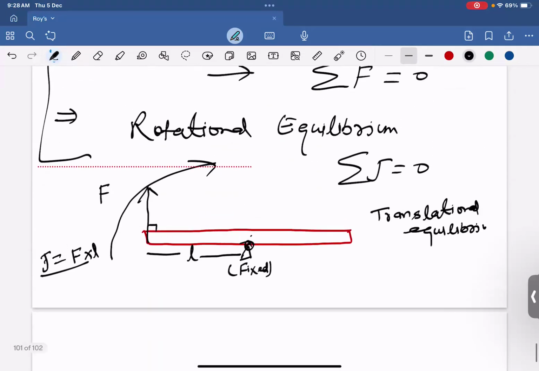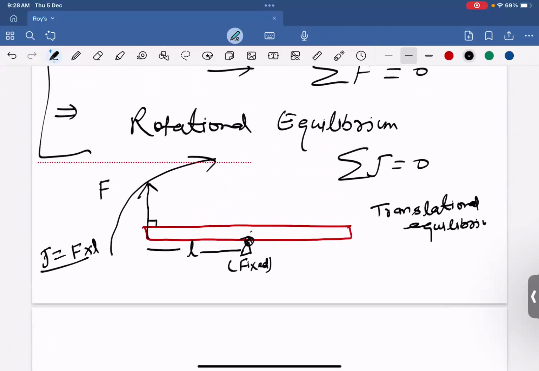So it is only in translational equilibrium, not in rotational equilibrium. Understood? Understood.